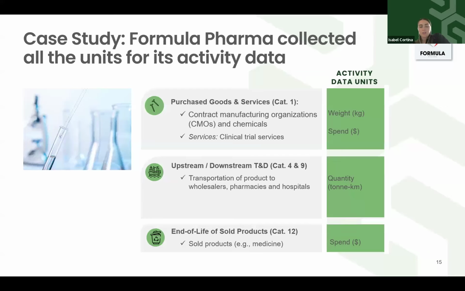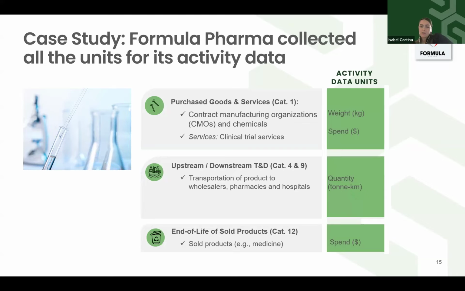So once they understood the list of all of those relevant emission categories, they looked at the activity data units. They purchase chemicals and CMO goods in weight of kilograms, and so that will be the units for that data. They spend money on clinical trial services, and they calculate their emissions based on spend.